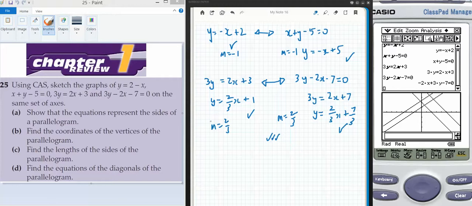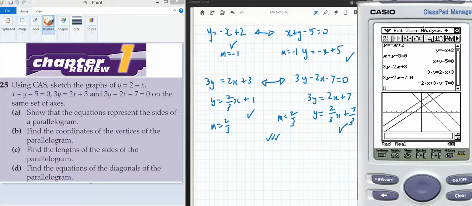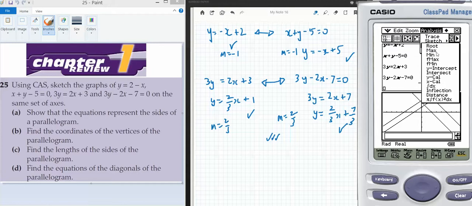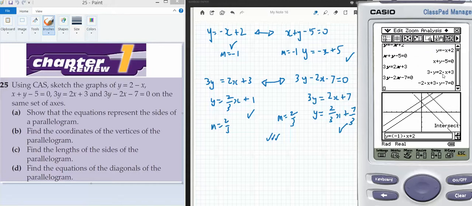Find the coordinates of the vertices of the parallelogram. Okay, over here, Analysis, G-Solve, Intersect between this one, enter, and that one, no, not that one, move it to that one, enter. So that's going to be 0.6 and 1.4.